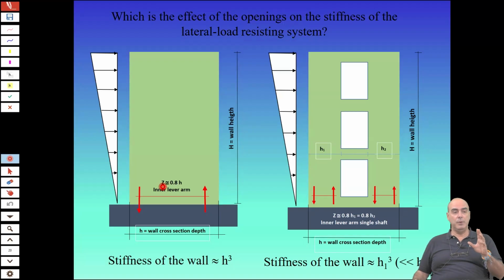Because we consider, for example, 1 per mil of the height of the building as a limit, okay? Sorry, it's not 1%, it's 1 per mil.